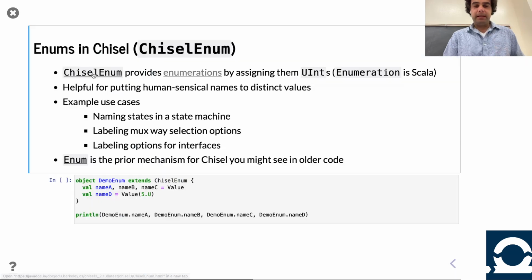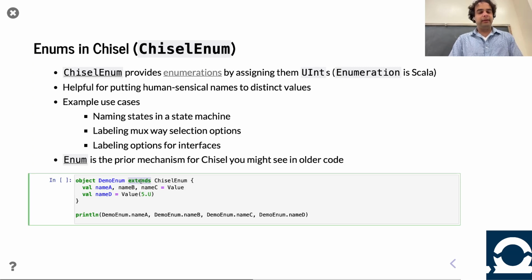Here we go. And so what do we get? Well, it's a little bit of boilerplate code here, where instead of class, it's object and it extends. Technically, this is using object-oriented inheritance. We haven't covered inheritance yet, so for now, you can think of this as boilerplate code. Basically, for all the enumeration values you want, you put them on the left-hand side of an equal sign with commas separating them, and say value.